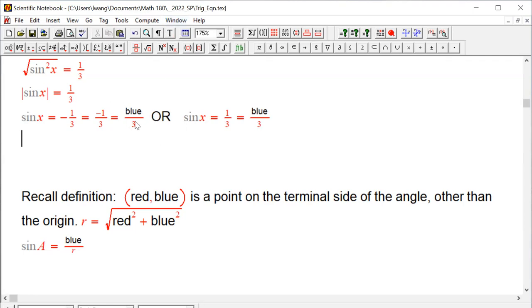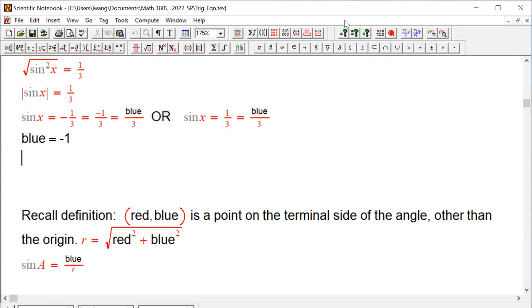So in the first situation, the blue equals negative 1, and of course r equals 3. You see, this is not going to be a unit circle, but it doesn't really matter. It's not special.